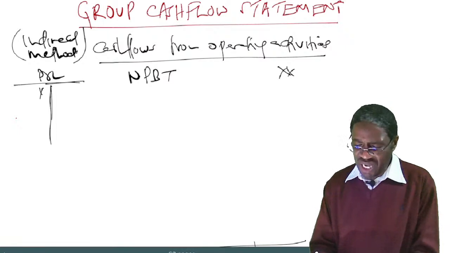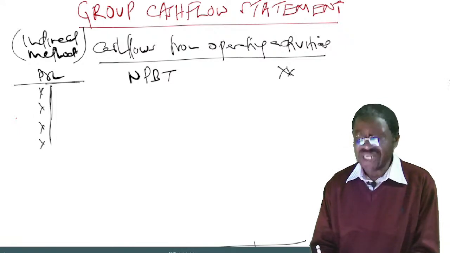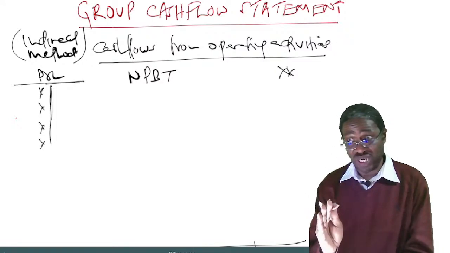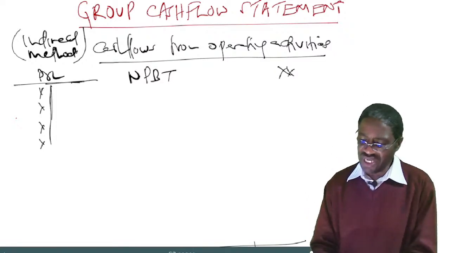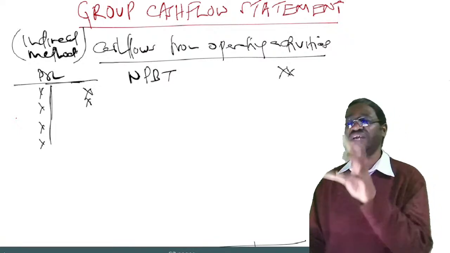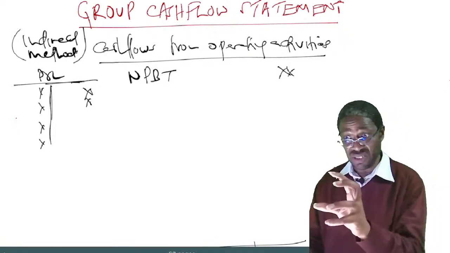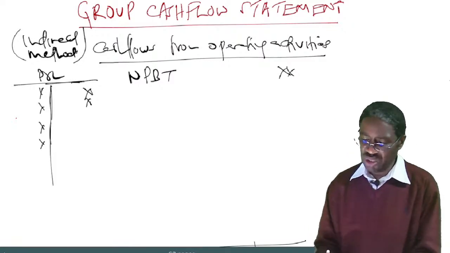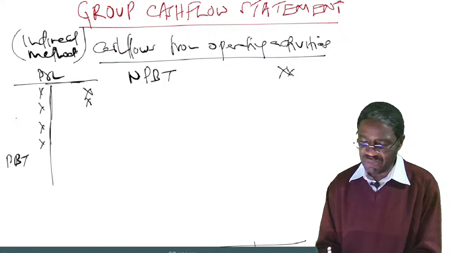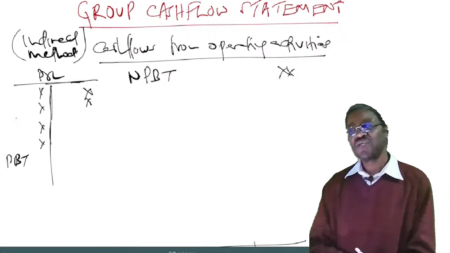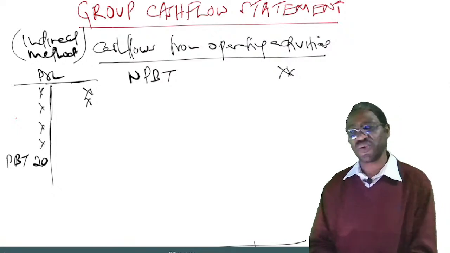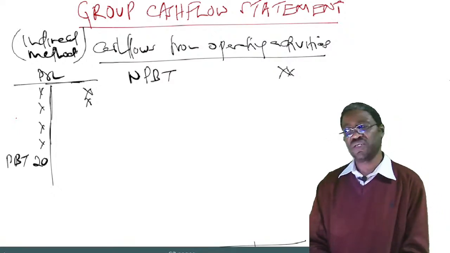On the debit side, we normally debit the P&L account with the expenses, you know that. On the credit side, we normally credit the P&L account with the revenues and the gains. Then you normally compare the two to get what we are calling profit before tax. So let us assume that your profit before tax was 20 million that year.